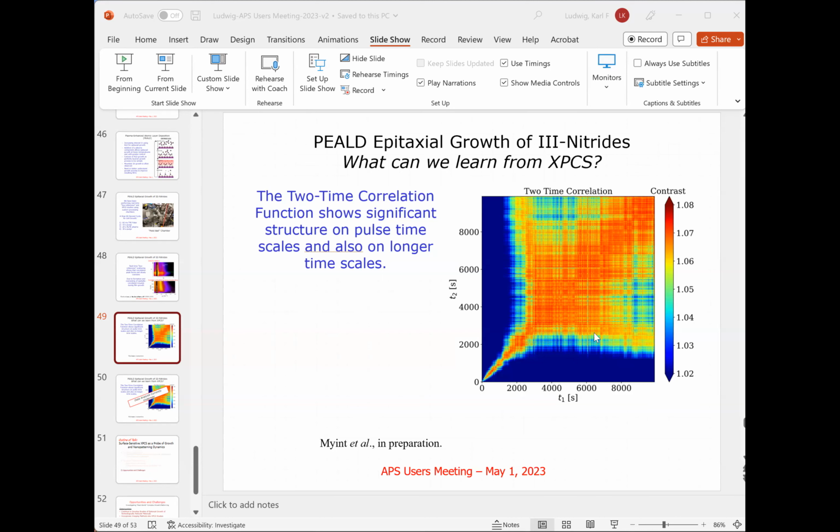Right. So if you draw a line there, maybe a little lower, you will see the diagonal line, where the correlation will decrease and come back.